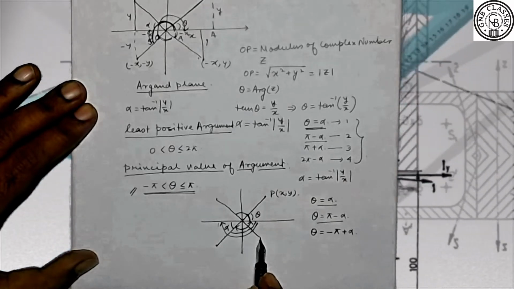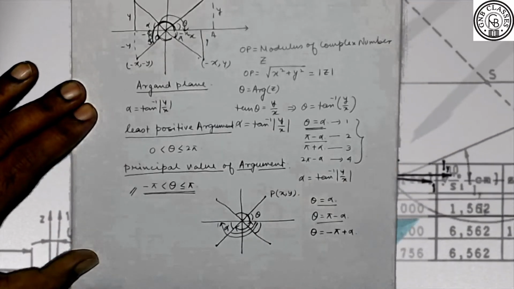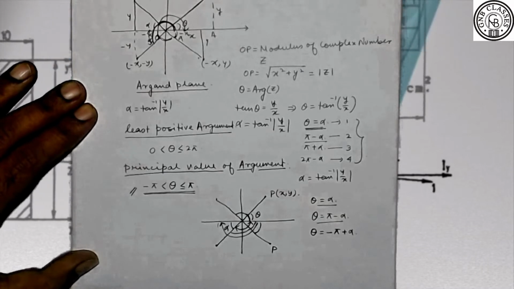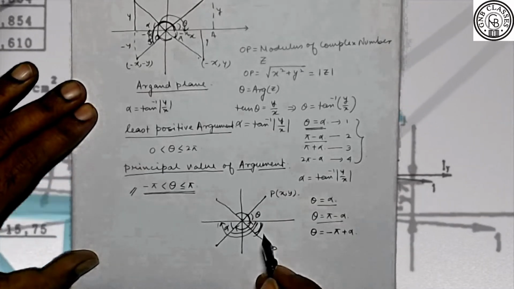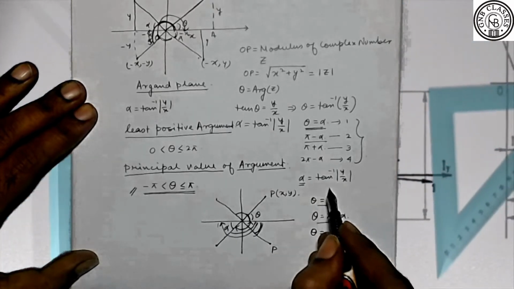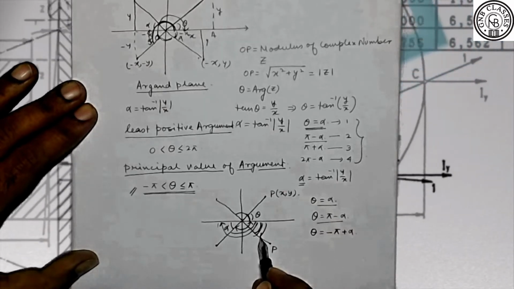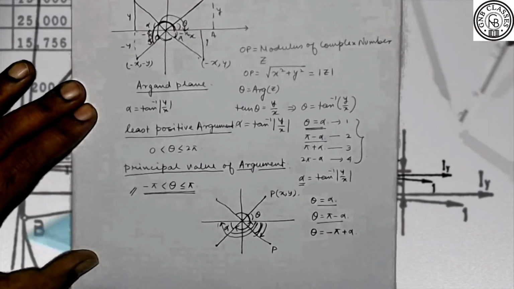When the point is in the fourth quadrant, then the angle made by the modulus of the complex number associated with the point P with the positive direction of the x-axis is this angle. And this angle, if I take the positive value of alpha, will give you tan inverse mod y by x. But since it is in the negative direction, we are moving in the clockwise direction.